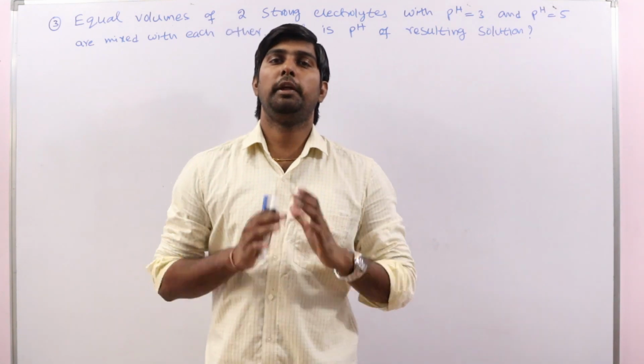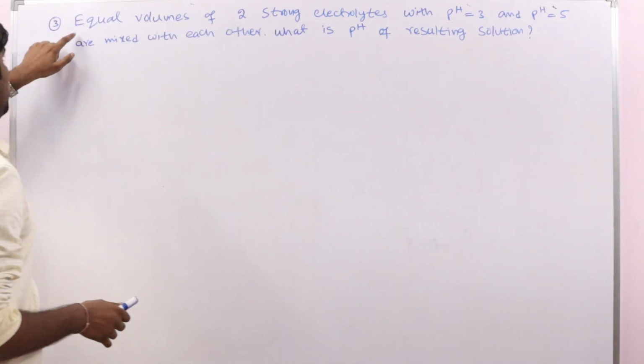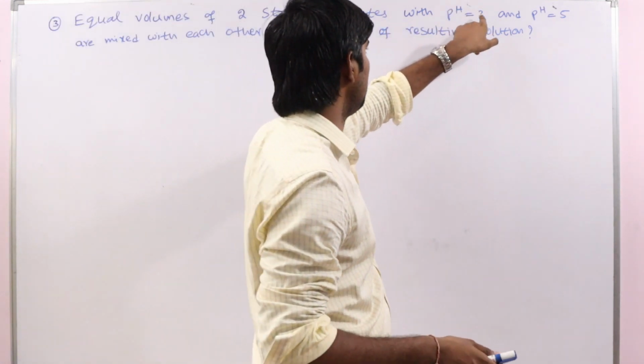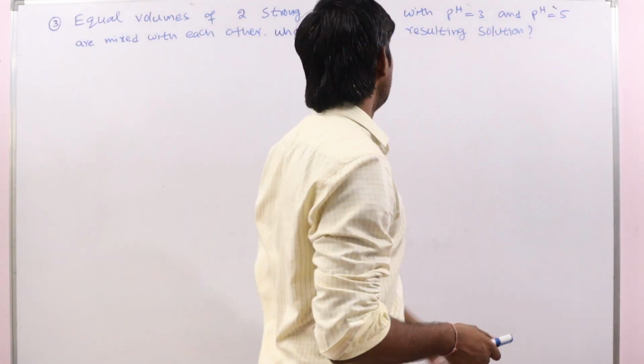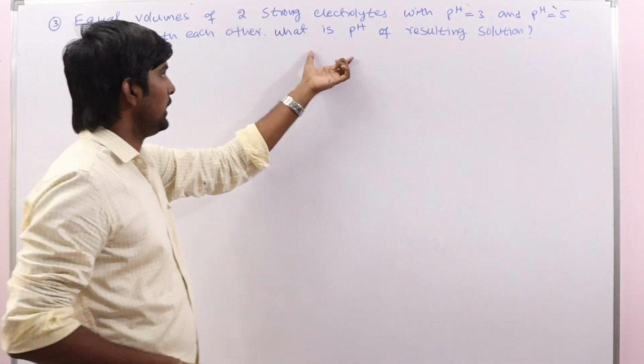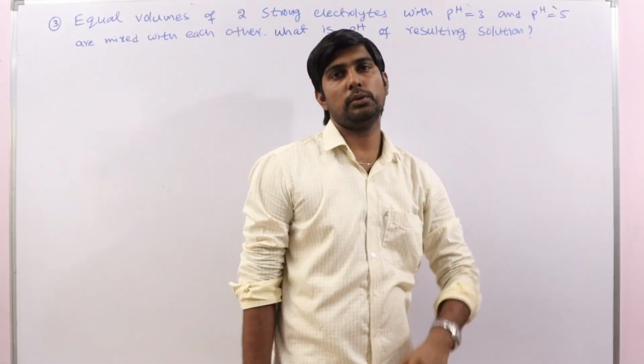Now let us see another very important model. Equal volumes of two strong electrolytes with pH equal to 3 and pH equal to 5 are mixed with each other. What is pH of the resulting solution?